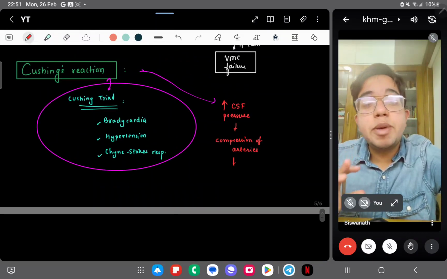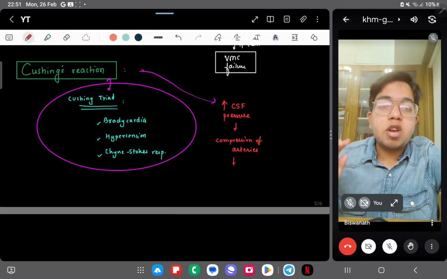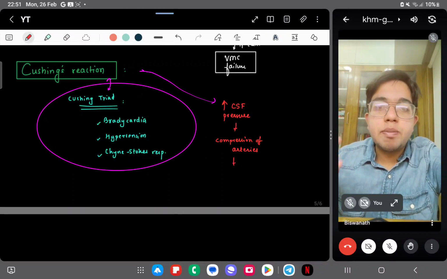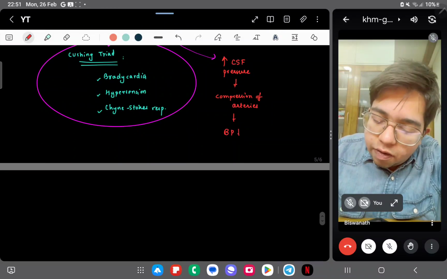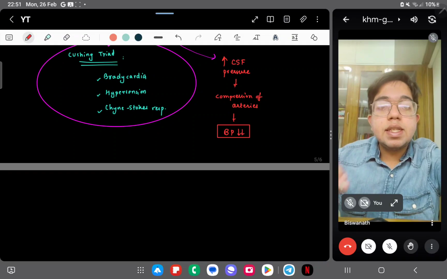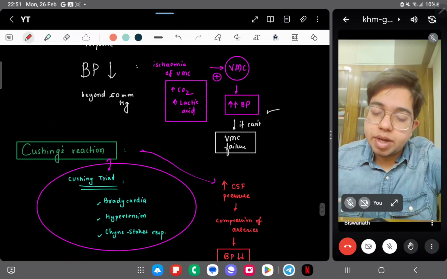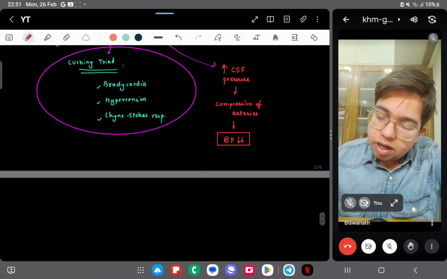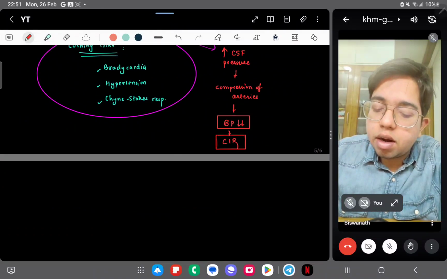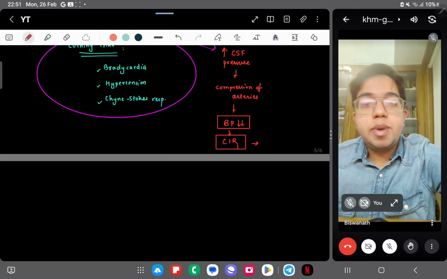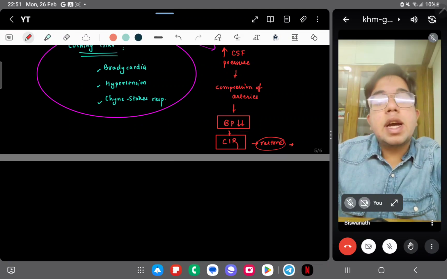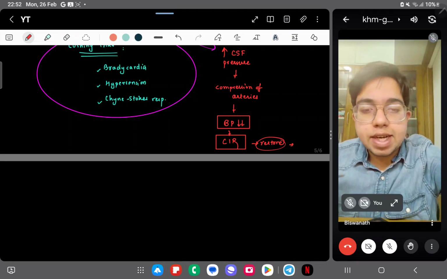Increased CSF pressure may be attributed to many conditions, many pathological states. If there is increased CSF pressure due to any cause, it will cause the compression of arteries, which will cause a falling of BP. The BP falls. Then the CNS ischemic response, CIR, will come to act. This will try to restore the BP. And if it can restore BP, it will protect the vital centers of brain.